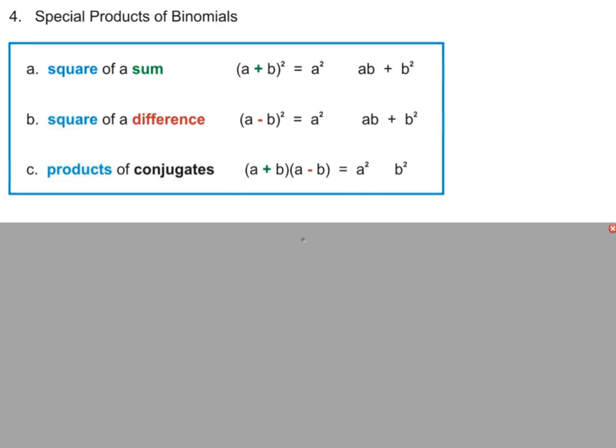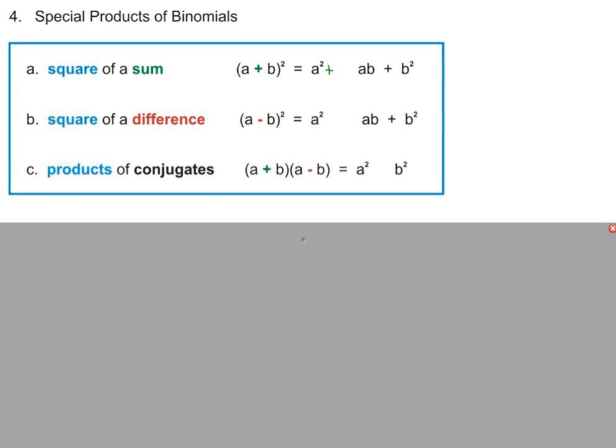The first is the square of a sum. So your base is two things added. That's the sum part, and then you have to square it. So that's why we call it square of a sum. Not a big deal. All right, notice that there's a positive sign between them.